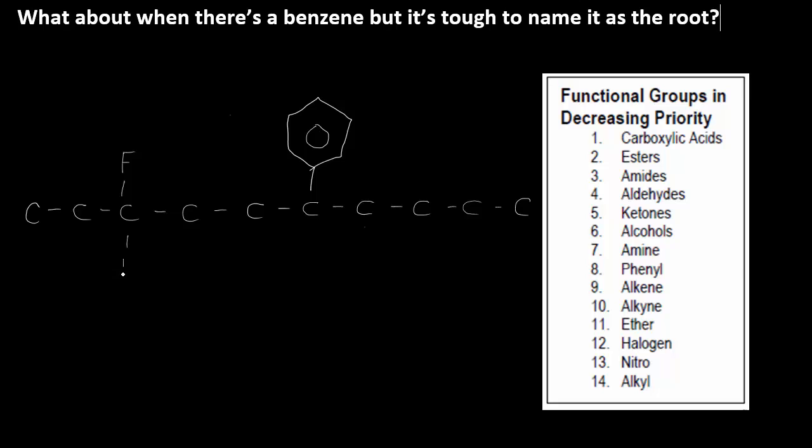I'll put a couple other functional groups in here, and now I'm going to fill in all the hydrogens. So let's go through and identify what our functional groups are.